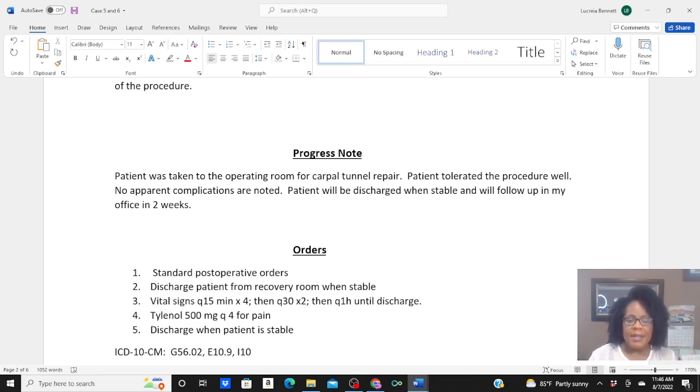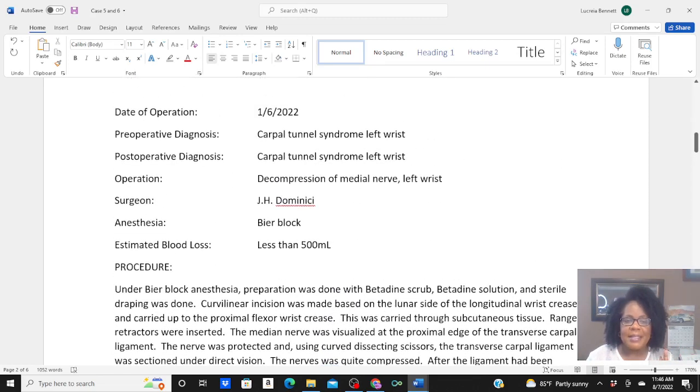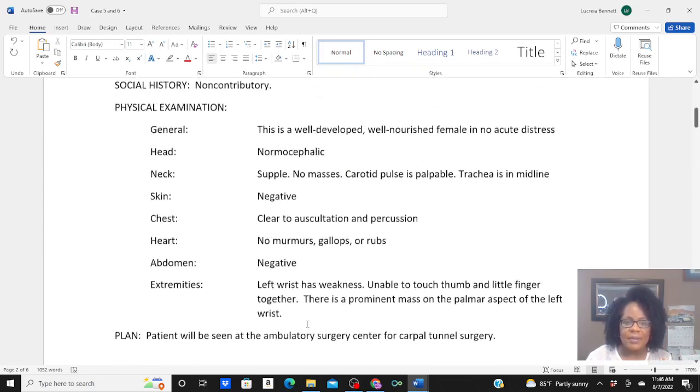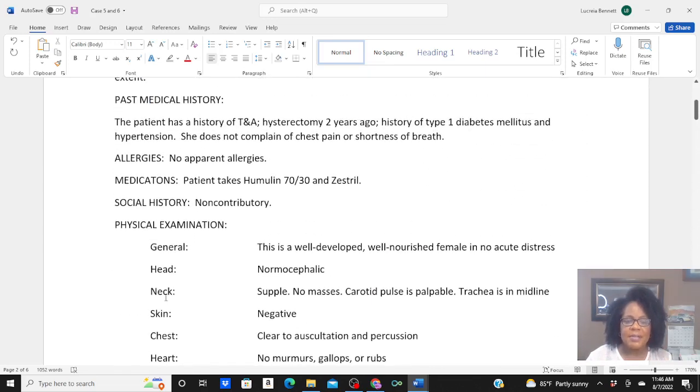And the way that I knew this is back in the history and physical. Notice it says your patient has a history of type 1 diabetes mellitus and hypertension. She takes Humulin, that's the insulin for the type 1 diabetes, and Zestril for the hypertension.